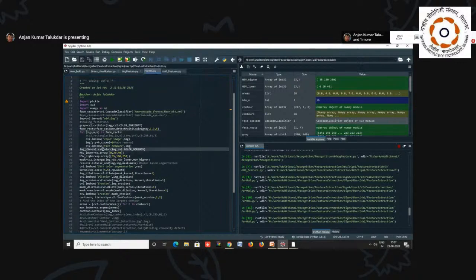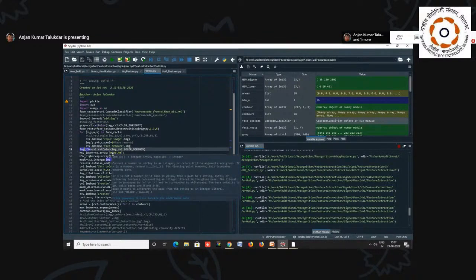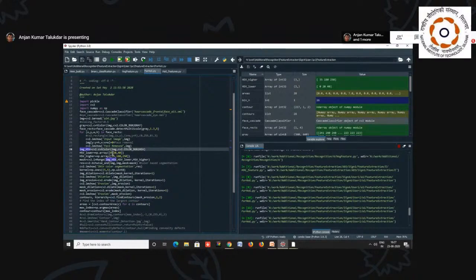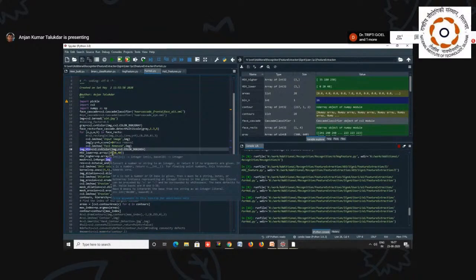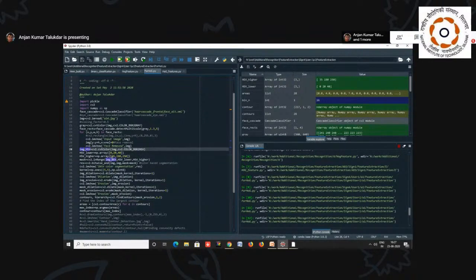So after removing the face, then I have converted this RGB image to an HSB image. Then I have selected the threshold values for skin color. Okay, the lower values for the HSB planes are 0, 20, and 40, and the higher values are 35, 180, and 25. I have actually selected these manually by going through the pixel values of this image for skin color.